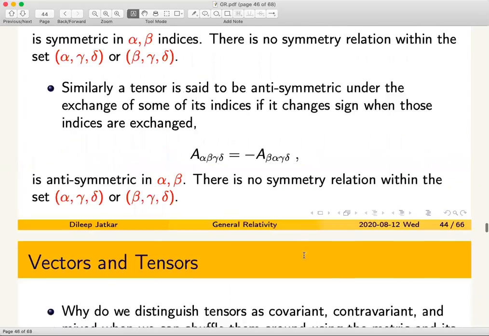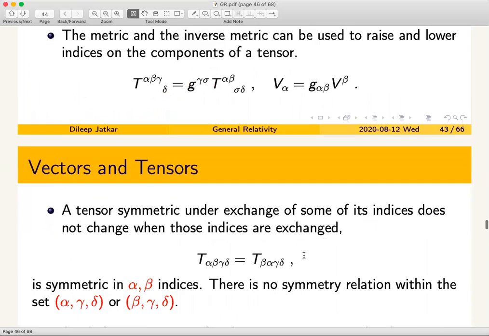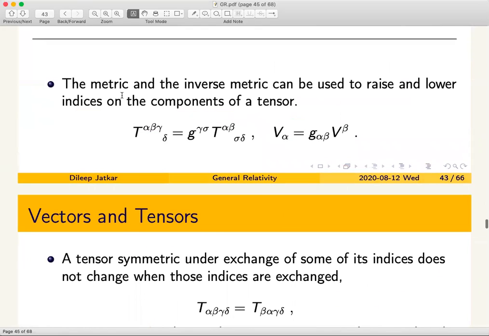Now the question that I would like to ask, given this fact that we can use metric and inverse metric to raise and lower indices, okay, then you can multiply. For example, you look at this expression and you could say that I pulled one covariant index upstairs and wrote down a new tensor which has 3 contravariant and 1 covariant index.